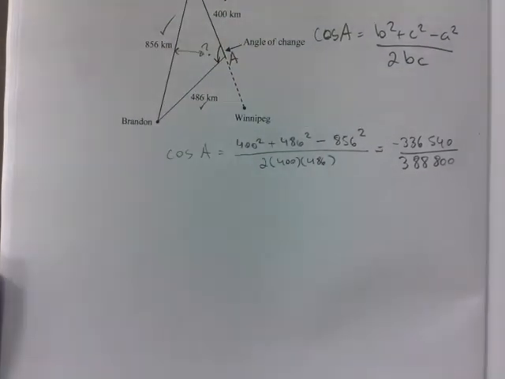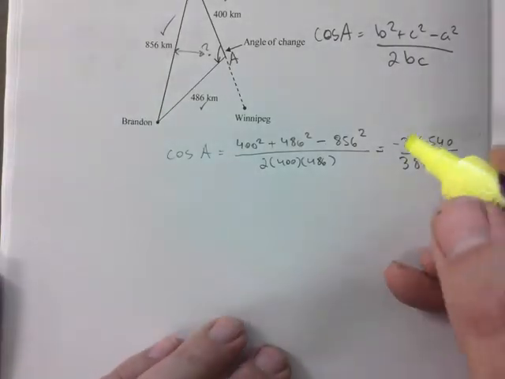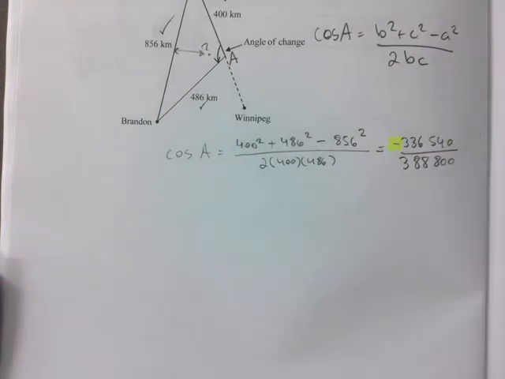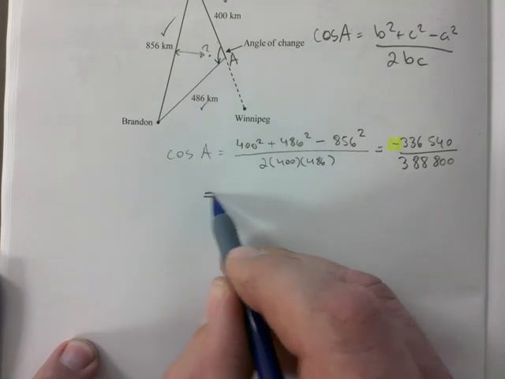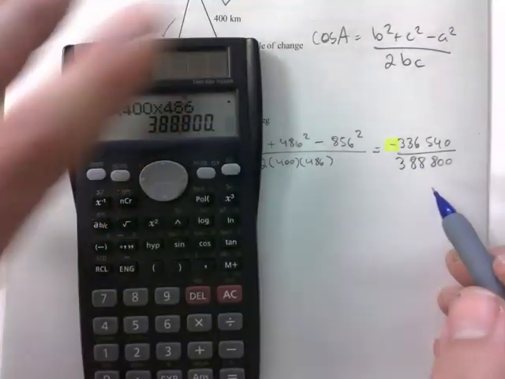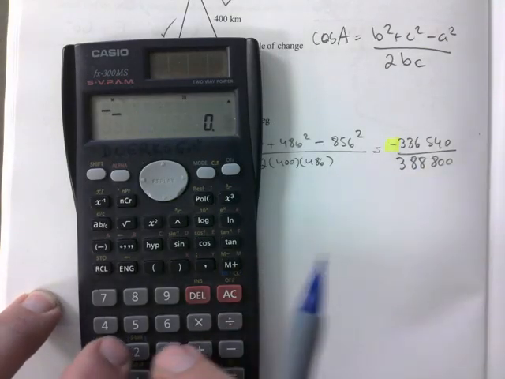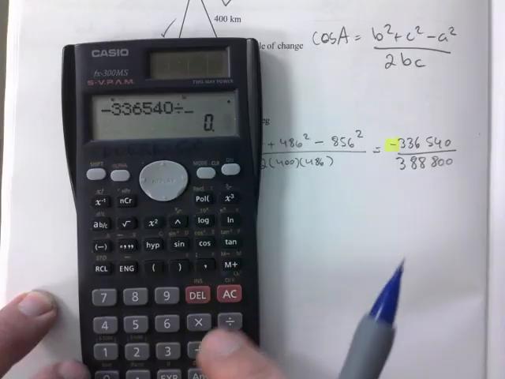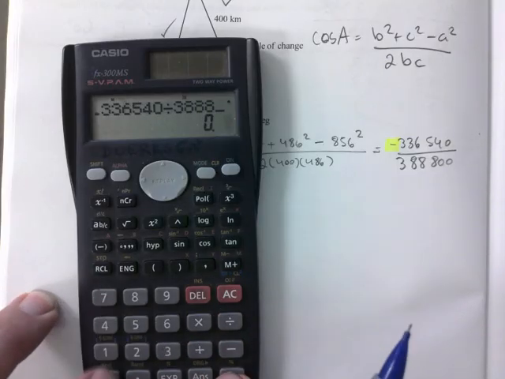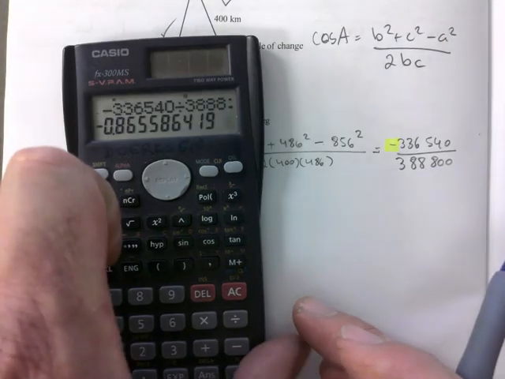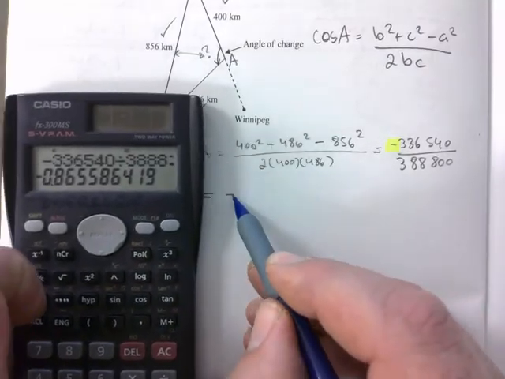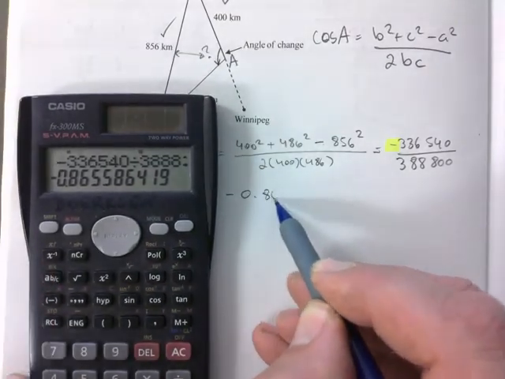You have a negative there, and that means that our angle will ultimately be more than 90. Yes, it will be obtuse. Another step that I add is I divide these two: negative 336,540 divided by 388,800, and I get this negative, and it better start with a 0 or else you're in trouble.